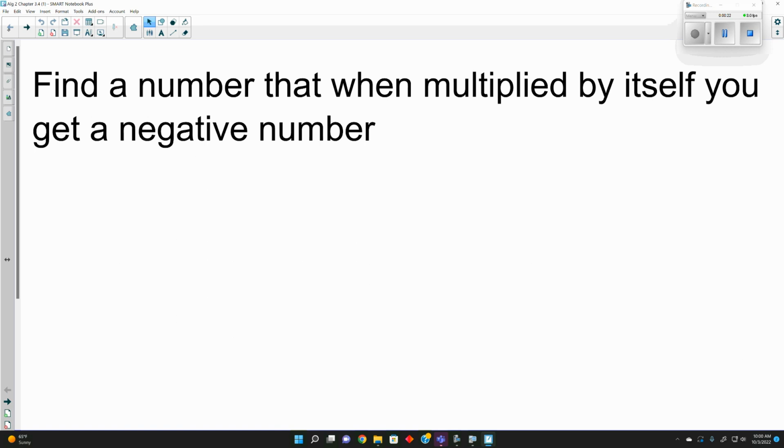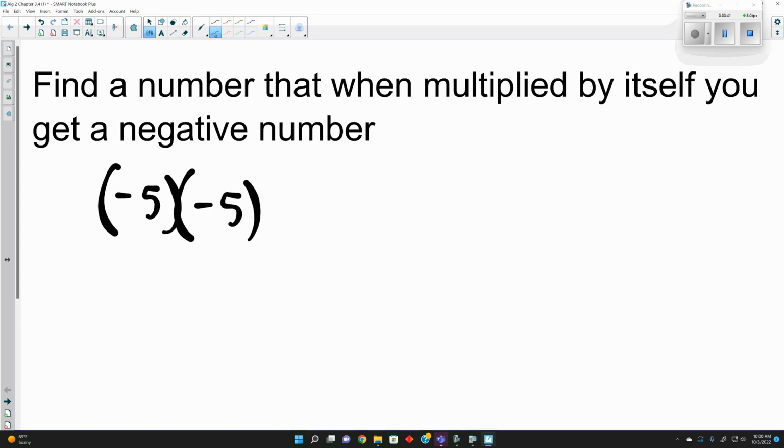Okay. Was anybody able to find a number that, when multiplied by itself, gives you a negative number? So negative 5 times itself would be negative 5 times negative 5, which is 25.